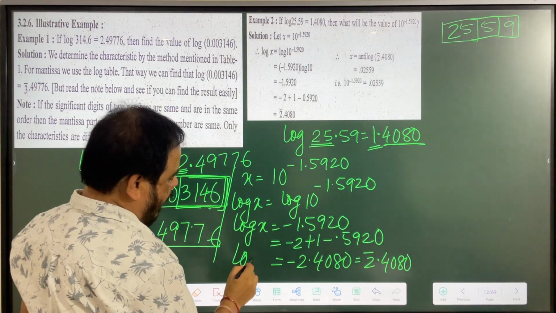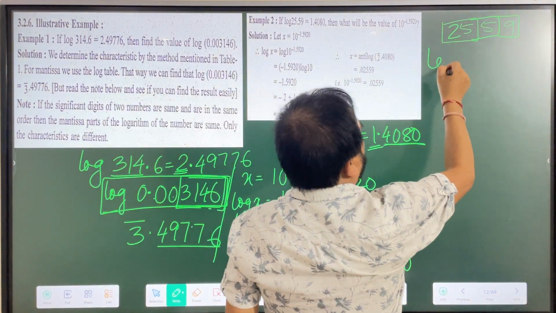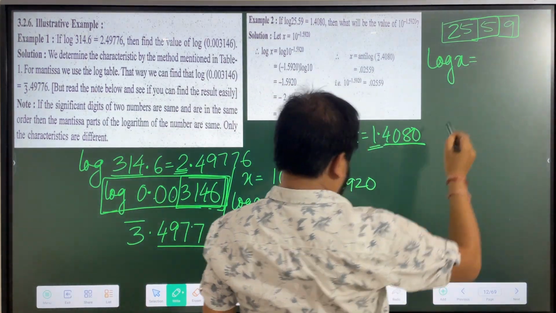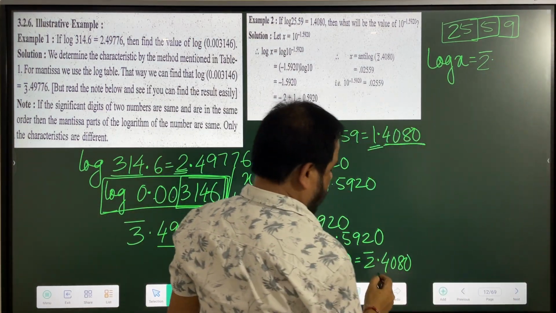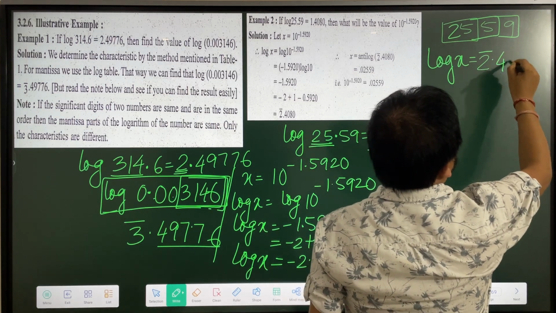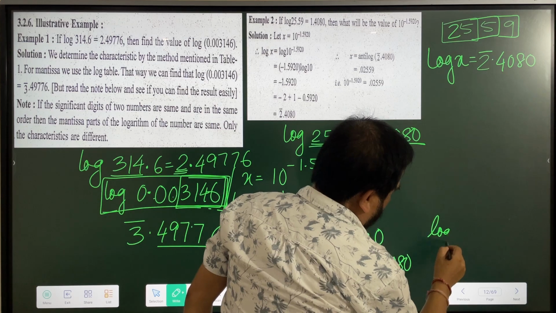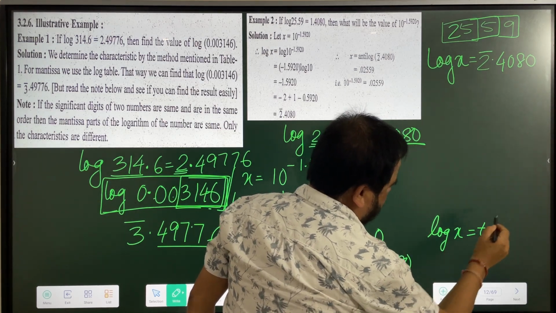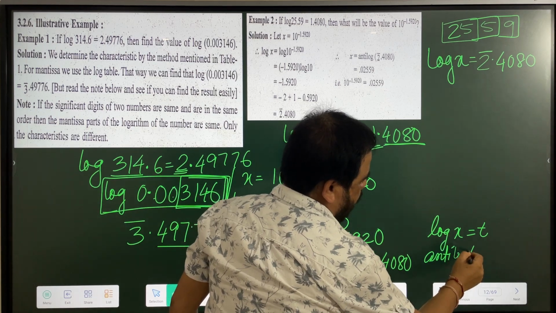Now log x is equal to 2 bar 0.4080. I already explained that if log x is equal to t, then anti-log of t is equal to x.